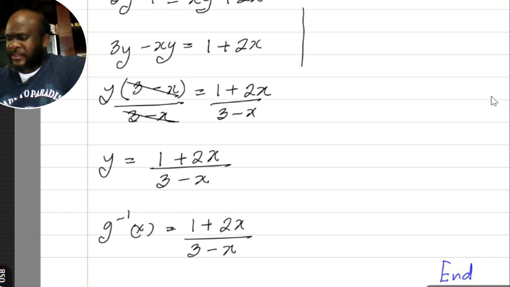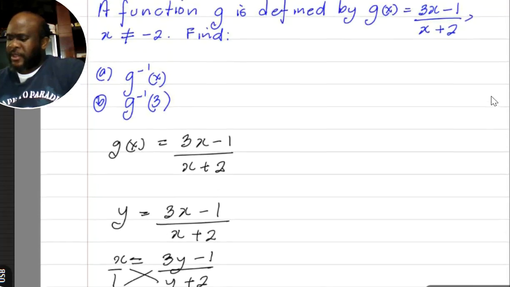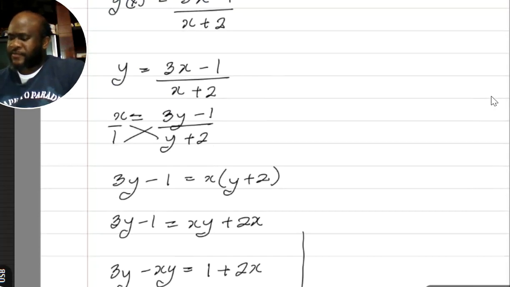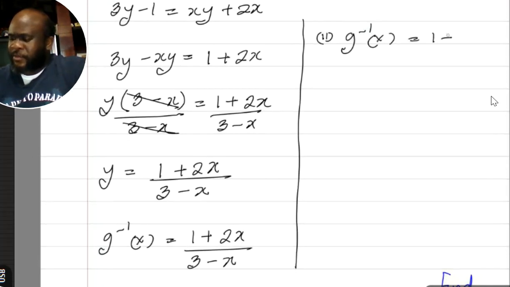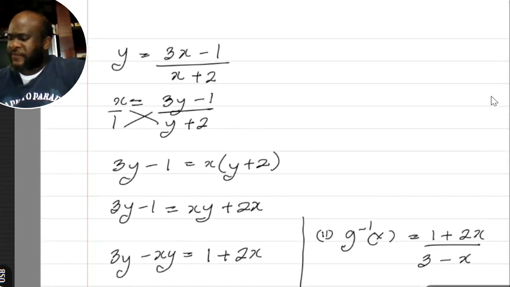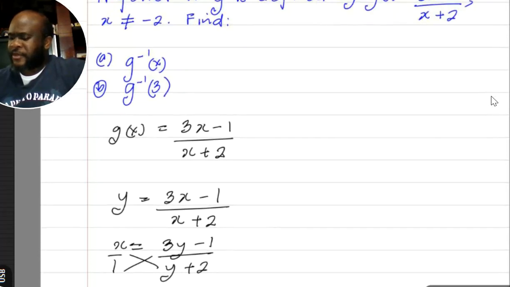The last part of the question, we're supposed to find g inverse of 3. Now, g inverse of x is equal to 1 plus 2x over 3 minus x, and I'm asked to find g inverse of 3.